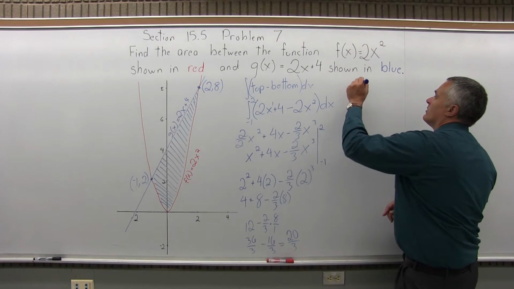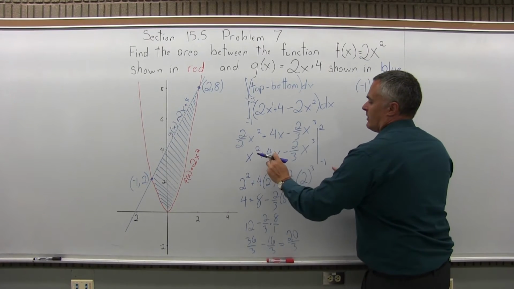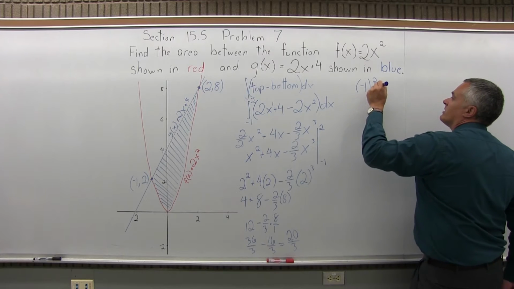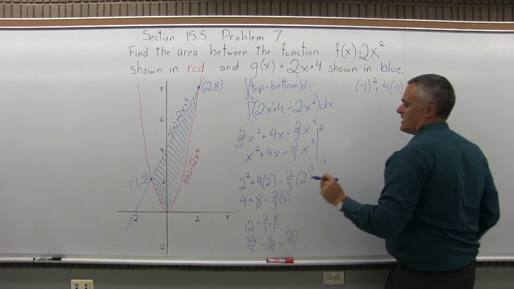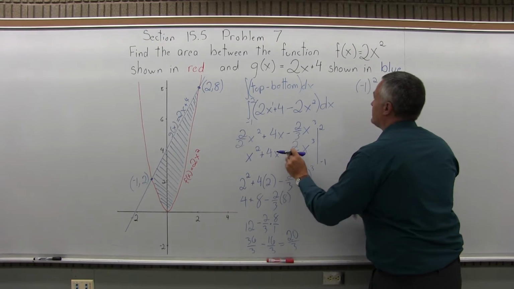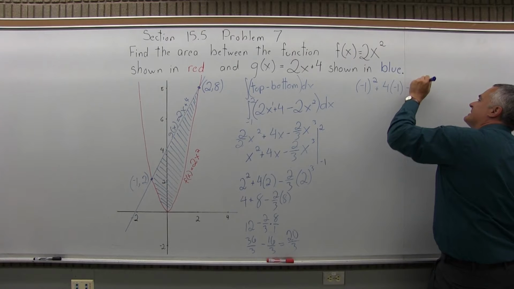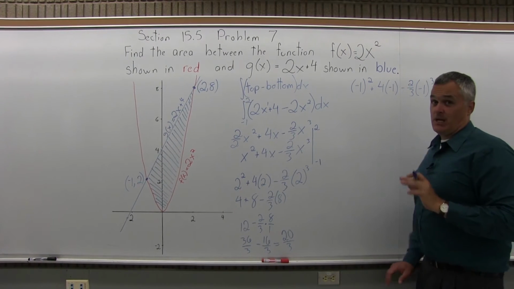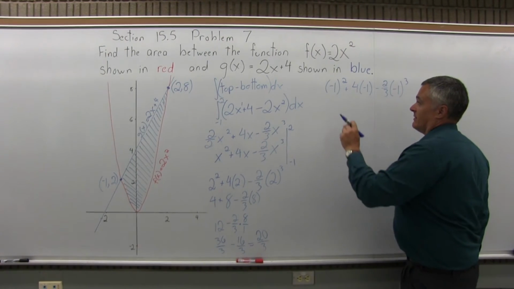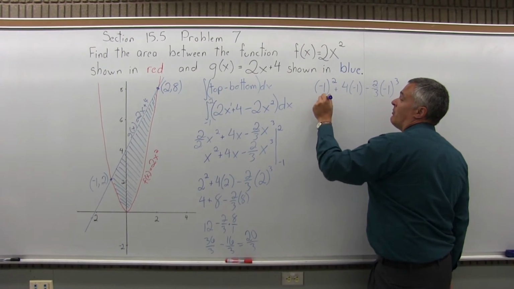So the x squared would be negative 1 squared. The 4 times x will be 4 times negative 1. And then the minus 2/3 x cubed will be minus 2/3 times negative 1 cubed. So be careful with your signs. You have a lot of negatives here. Negative 1 squared: negative 1 times negative 1 is positive 1.